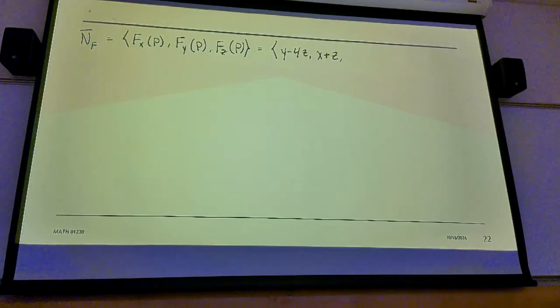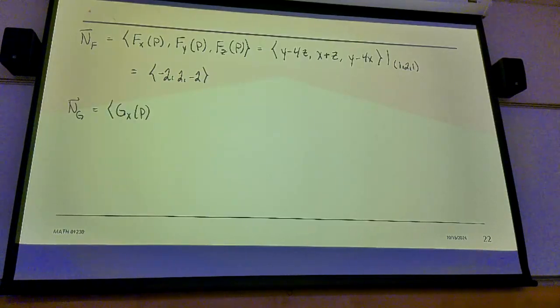That gets evaluated at (1, 2, 1). Negative 2, 2, negative 2. Normal vector for G. What is G_x? Minus 5.